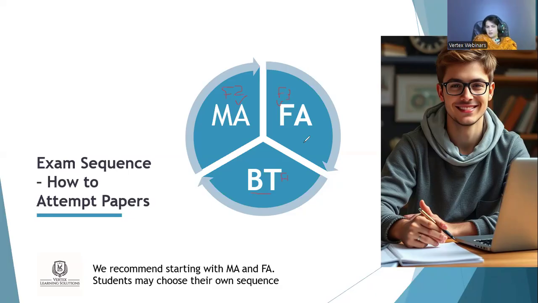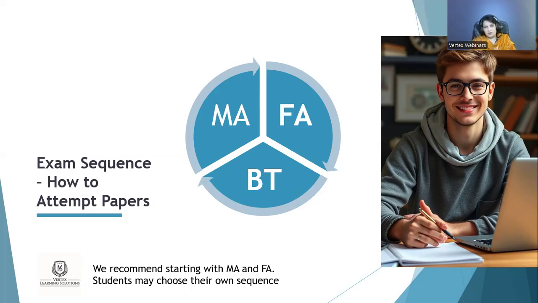But I recommend starting MA and FA together, and then eventually when you start studying, some students feel that they are good at financial accounting. Some prefer management accounting, which is more interesting for some people. So it is all on your taste.